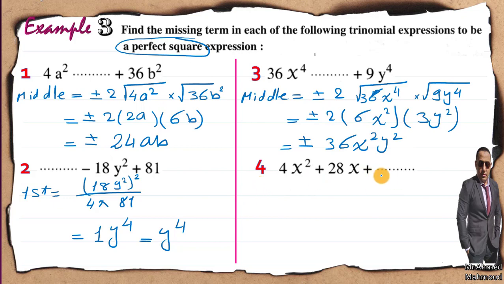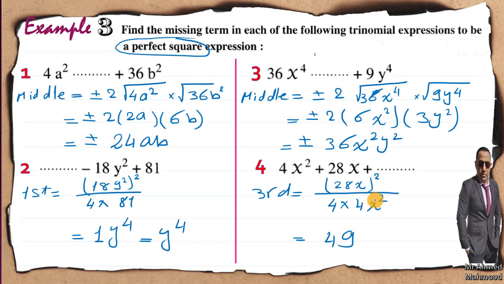Okay, number 4. Here the third term equals the middle to the power of 2 over 4 times the first: 28x all to the power of 2 over 4 times 4x to the power of 2. Here 28 to the power of 2 over 4 times 4 equals 49.